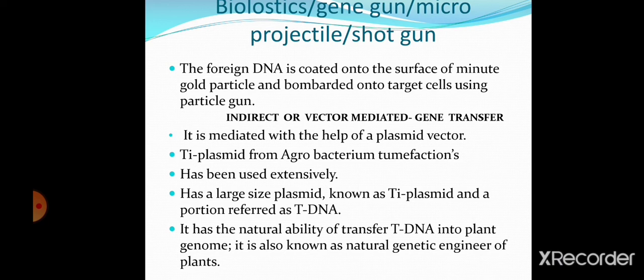Since this bacterium has the natural ability to transfer T-DNA into a plant genome upon infection of cells at the wound site, it is also known as the natural genetic engineer of plants.